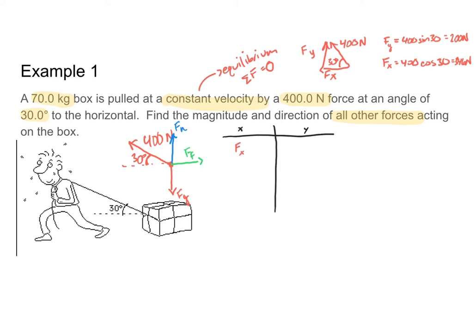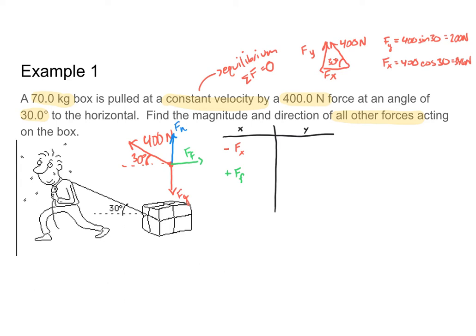I can see from my free body diagram that my angled force is pulling in the positive y direction, because it's going up, and in the negative x direction, because it's to the left. So in the x direction, I have negative Fx. And then I also have my force of friction, which is to the right, so it's going to be positive.